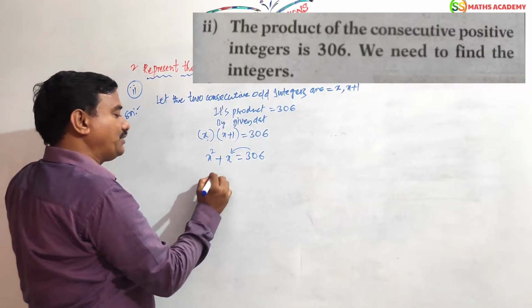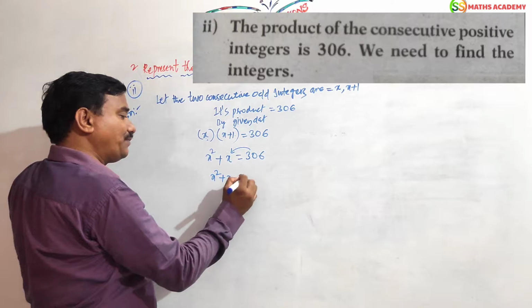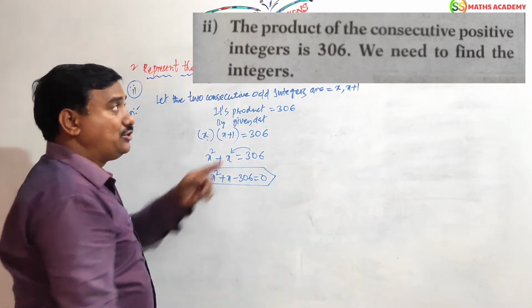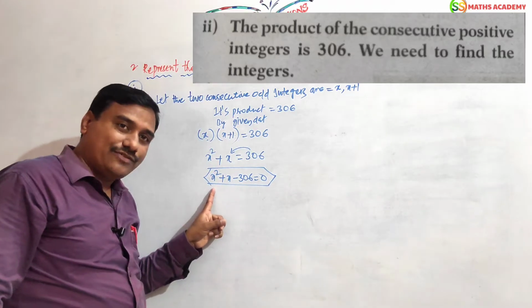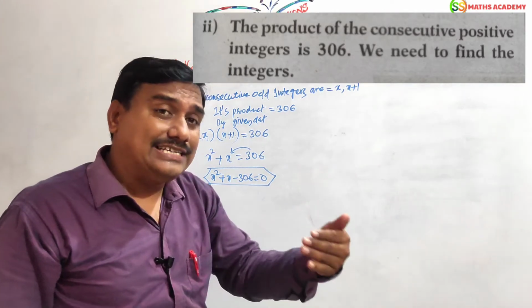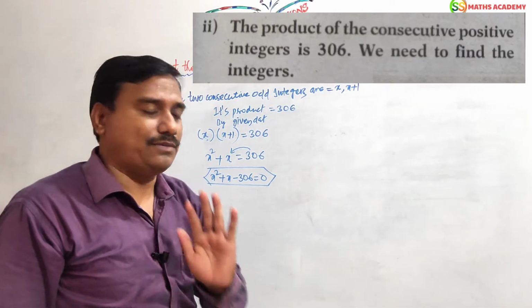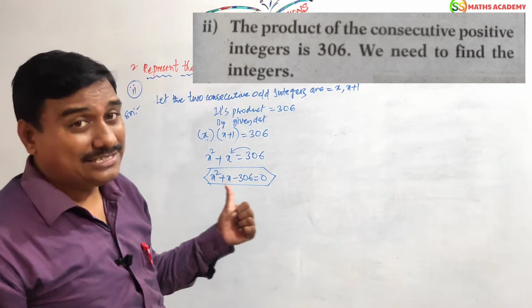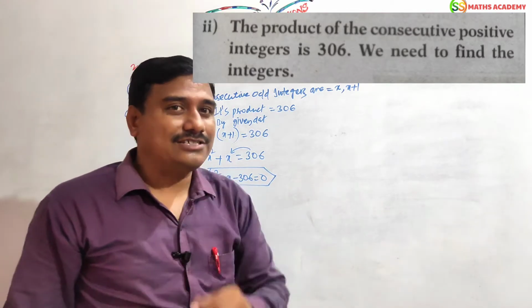It will be transposed to the left side, and it becomes a quadratic equation. Yes, the situation is converted into a quadratic equation. He is asking just to represent the following situation in quadratic equation form. That's it. Up to here the answer is enough. Don't solve. Now that was the second one. Now see the third question.